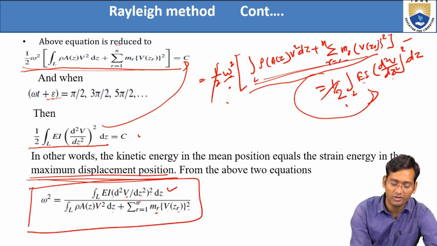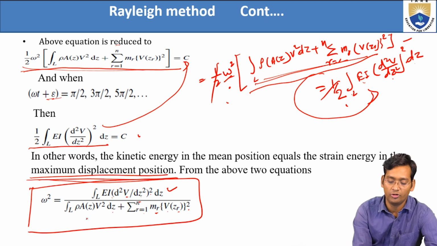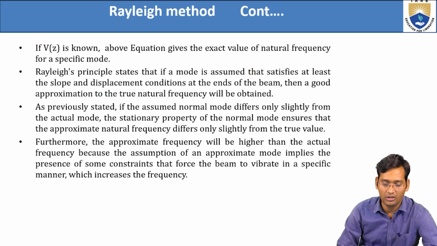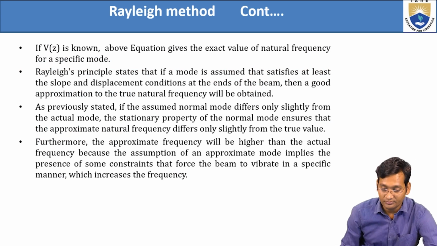So this is the omega square. So what will be the omega? A square root of this whole thing. So that omega will give you the natural frequency. So just see here. Okay.